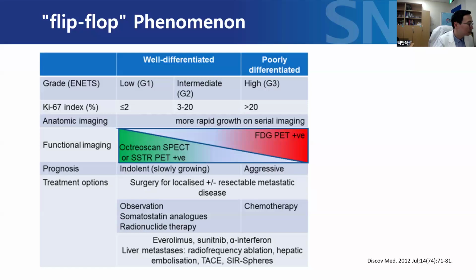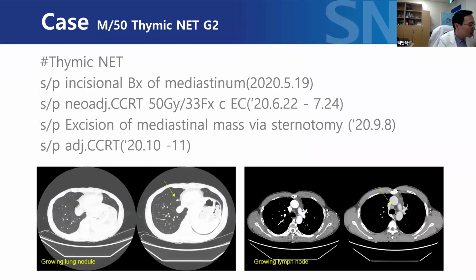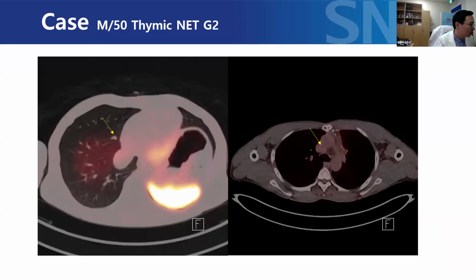The next case is a thymic neuroendocrine tumor, grade 2 patient who underwent surgery and perioperative CCRT. In the follow-up, a new lung lesion was visualized. For the differential diagnosis and staging, somatostatin receptor PET was conducted. However, in this case also, the somatostatin receptor PET showed a small lung nodule and lymph node with very subtle uptake.